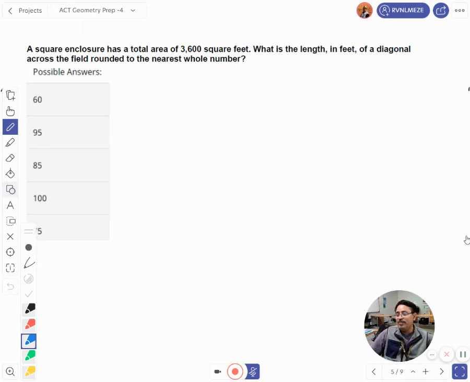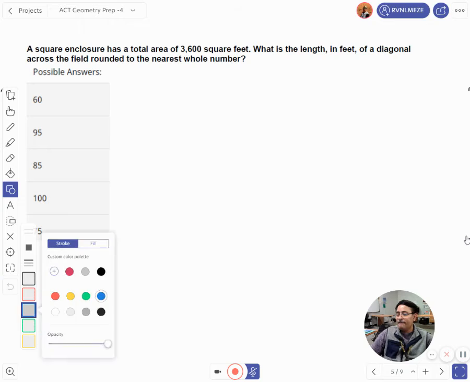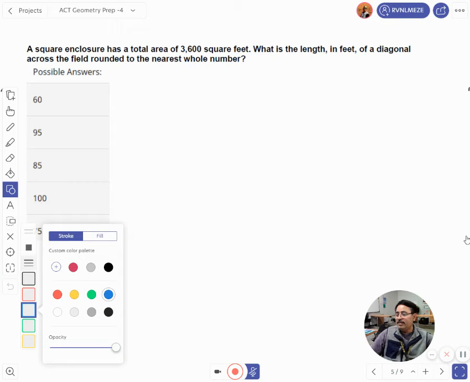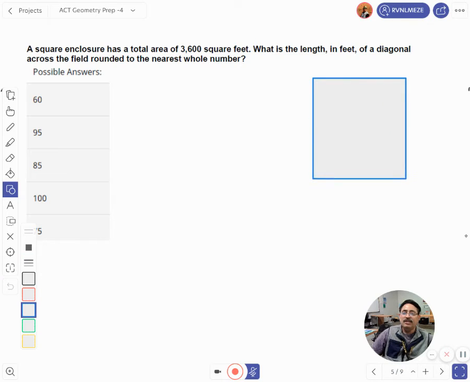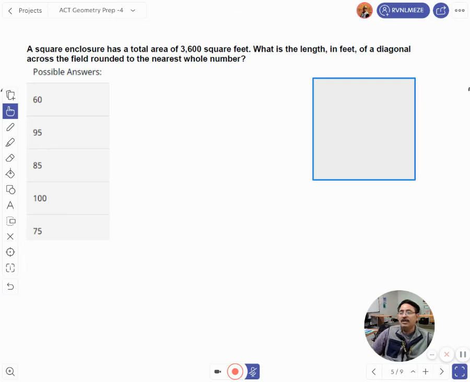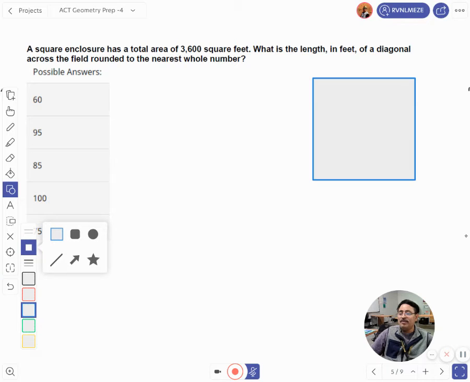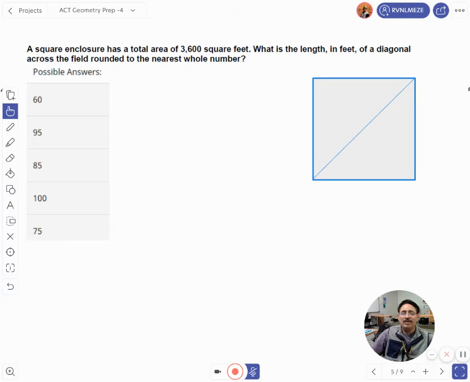Okay, so let me draw the shape of a square. There is a square. Okay, and what does diagonal mean? Diagonal means the line segment joining these two, or maybe the other way around.